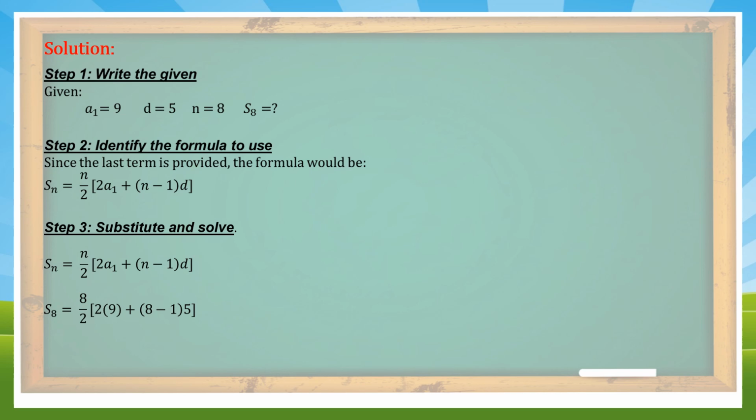Then simplify. 8 minus 1 is 7. 2 times 9, 18. Unahin mo na tong times. 7 times 5. Okay, that is 35. Then 18 plus 35 is 53. 4 times 53 is 212. So yung S sub 8 natin ay 212.